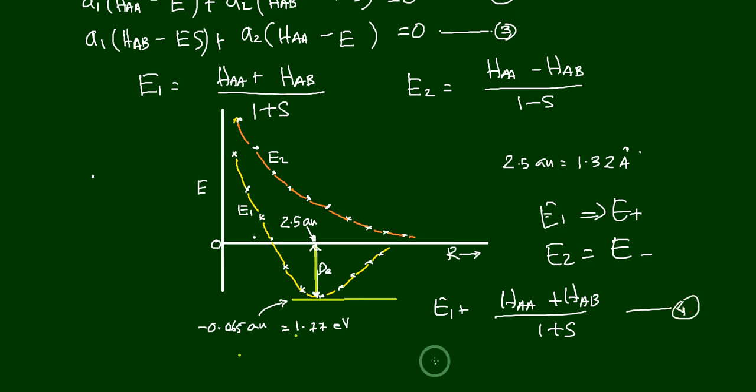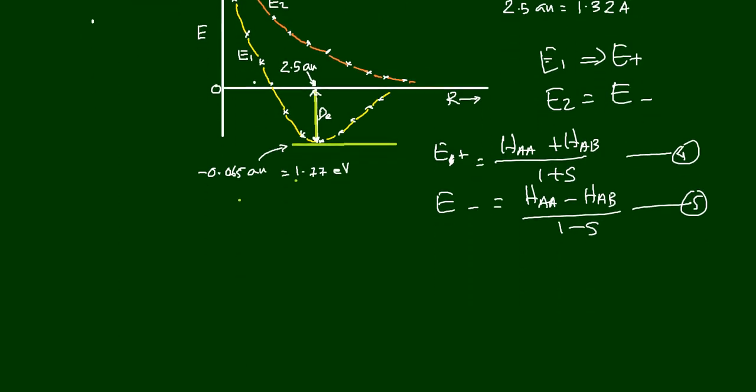And E minus is equal to HAA minus HAB divided by 1 minus S. Let me call this equation number 5. So we have two energy situations.